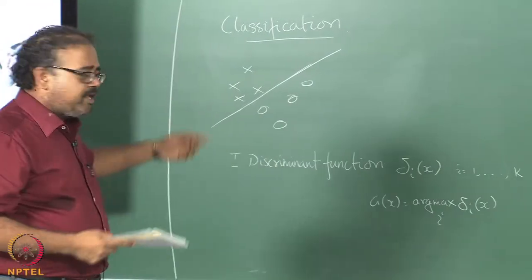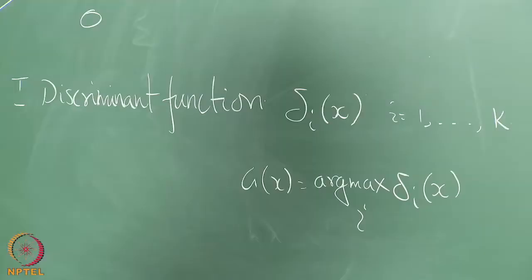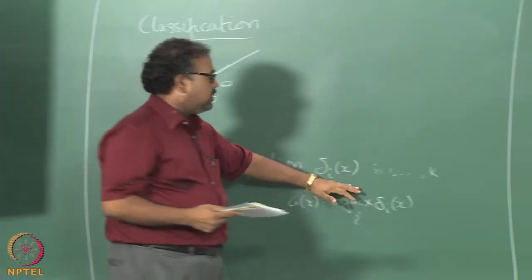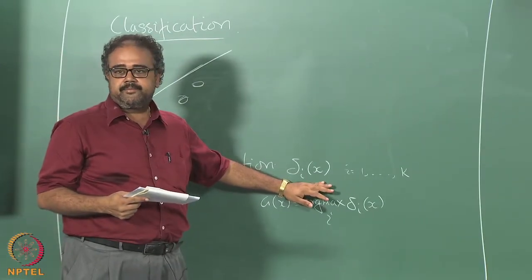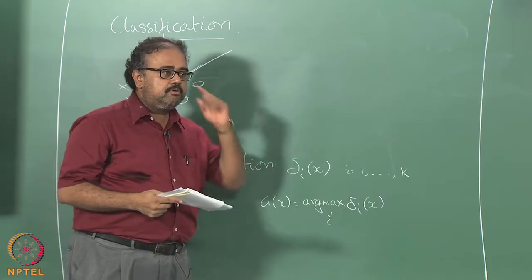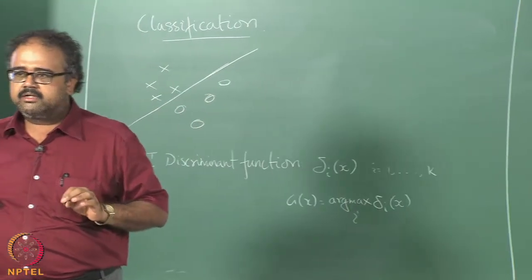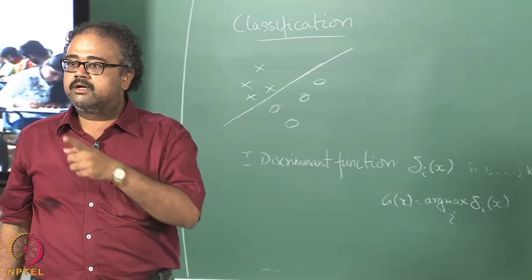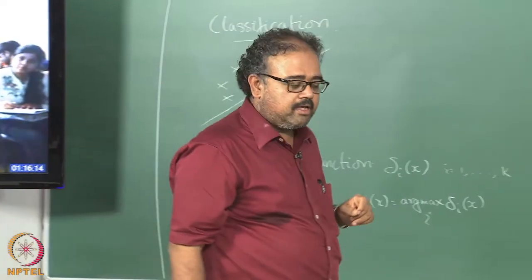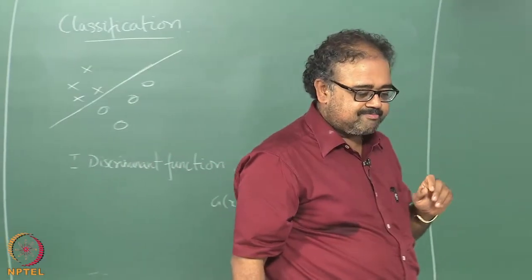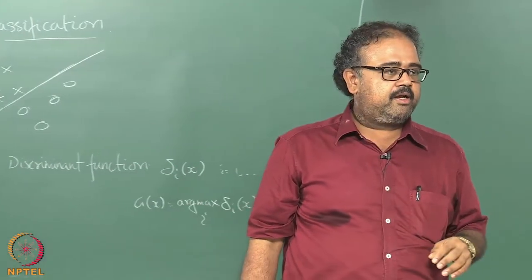So, this is essentially the idea behind discriminant functions. I am going to have to figure out a way to learn these delta i's. Suppose, let us just keep it simple, think of a 2 class problem. You had a question? Okay. So, think of a 2 class problem, and I have delta 1 and delta 2.